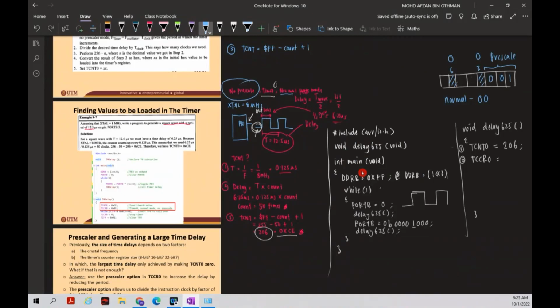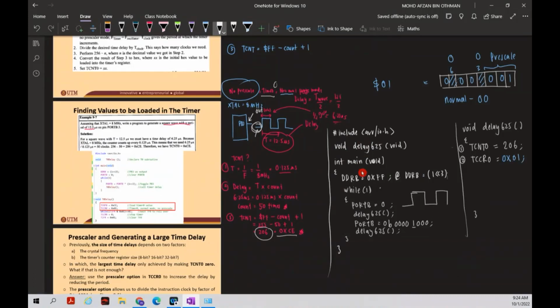Okay, the rest you fill up with 0. So this is equivalent to 0x01. So you can simply write 0x01. So you know that this is a normal mode with no prescale. Okay, so that is step number 2.